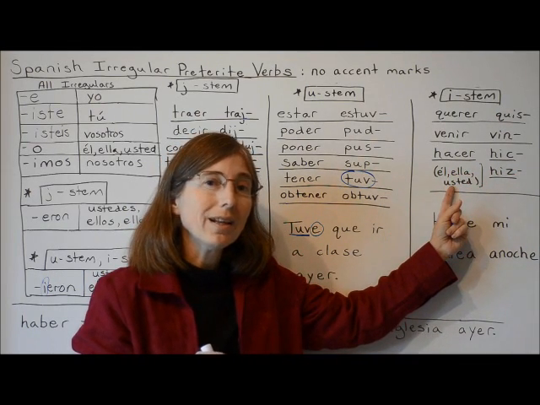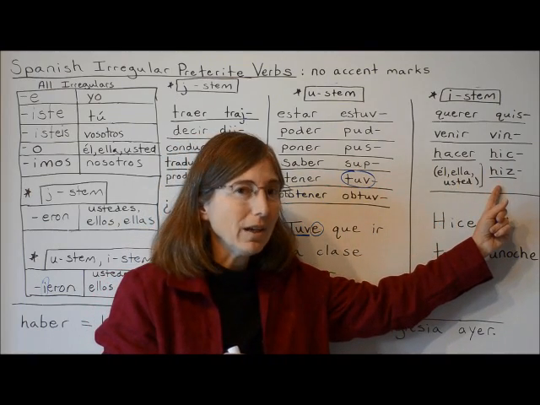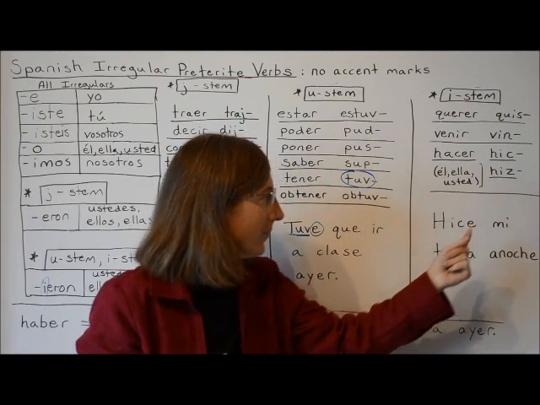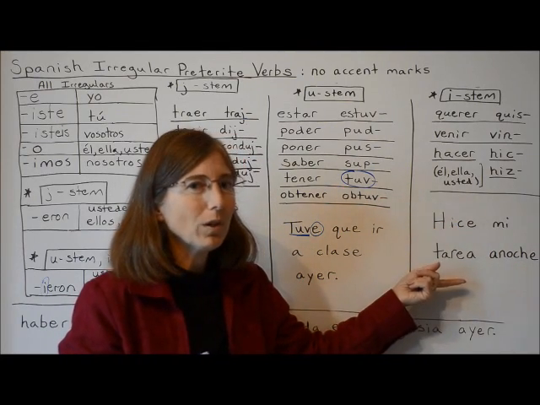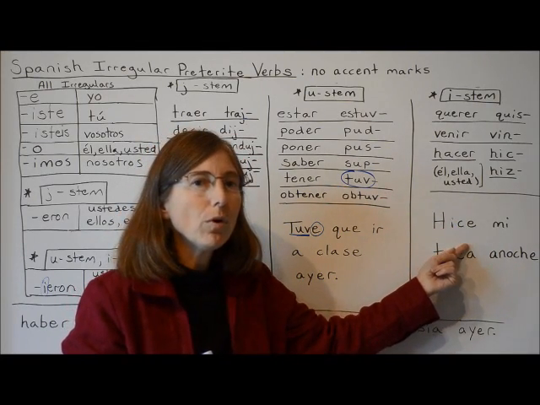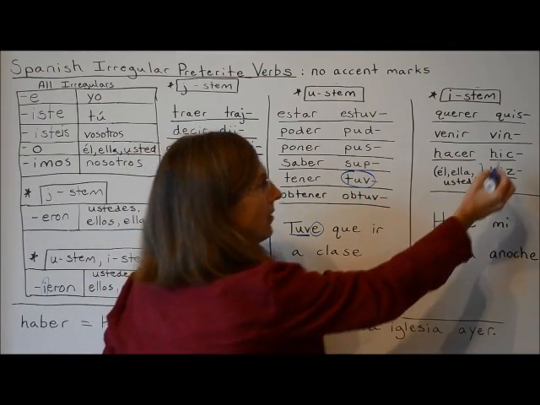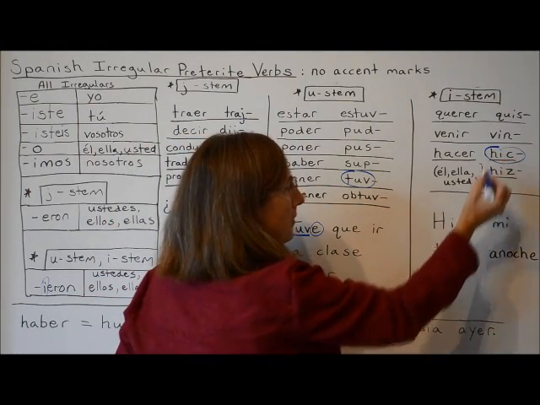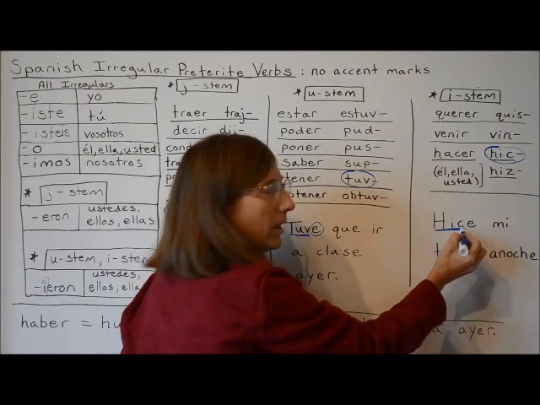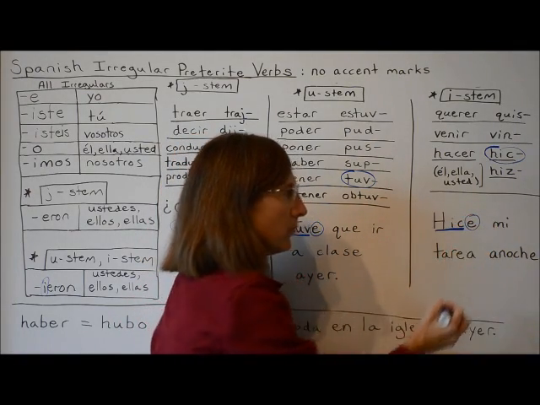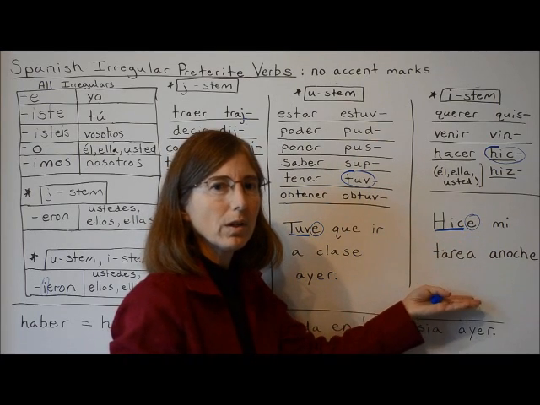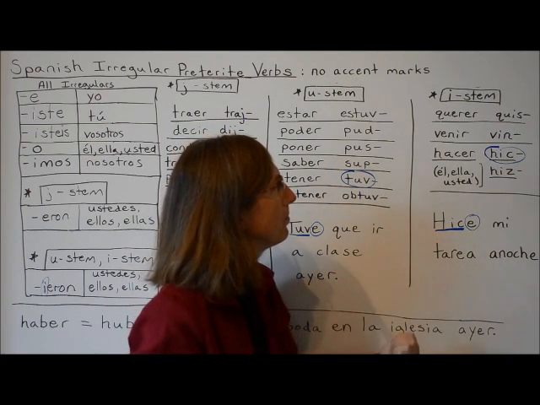For the él, ella, usted form, HIZ. Hice mi tarea anoche. I did my homework last night. This is the yo form, so we use hic, and we use the yo ending e. So I did my homework last night.